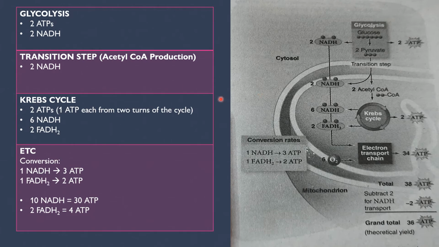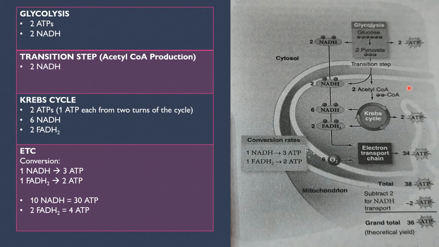Now, to estimate the yield of ATP produced from every glucose molecule that enters aerobic cellular respiration, we can add the maximum number of ATPs generated directly or indirectly in glycolysis, the transition step, the Krebs cycle, and the electron transport chain, as you can see here in the picture.